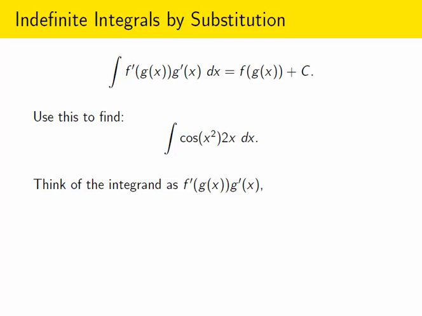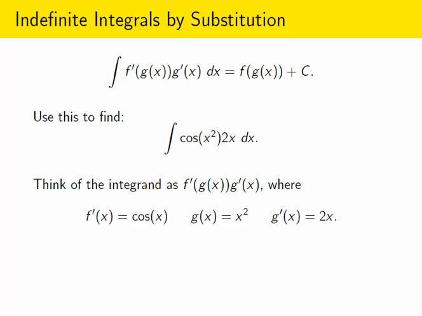Well, we want the outside function in the composition to be f prime. So that matches up with the cosine function. We want the inside function in the composition to be x squared. That matches up with g. And then we want the other function in this product, the 2x, to line up with the g prime. So this is what we should be using for f and g.